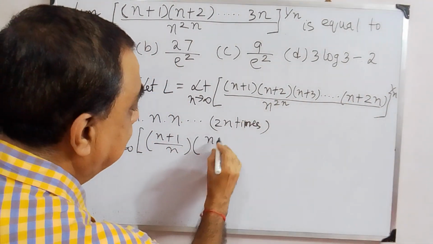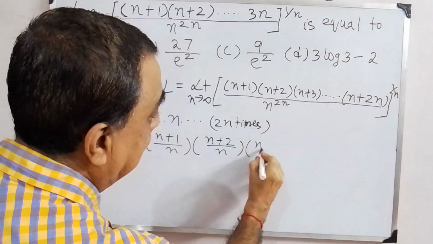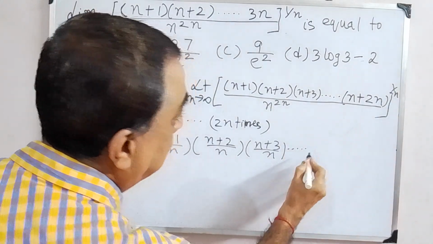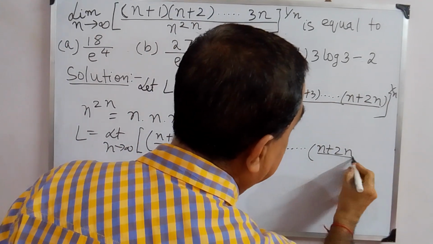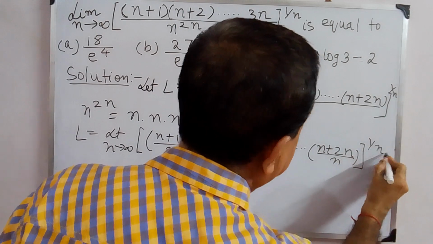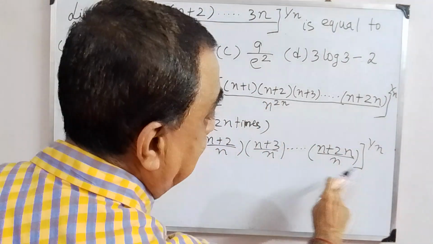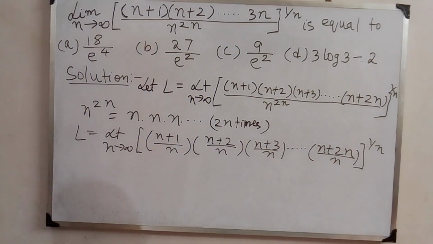So this is n plus 1 divided by n, n plus 2 divided by n, n plus 3 divided by n, and so on up to n plus 2n divided by n.